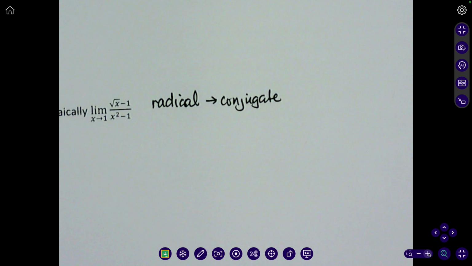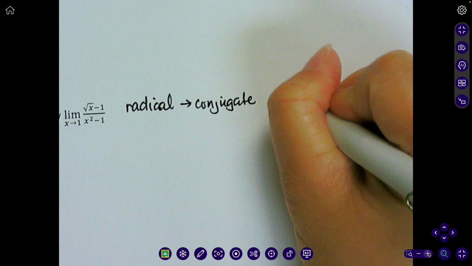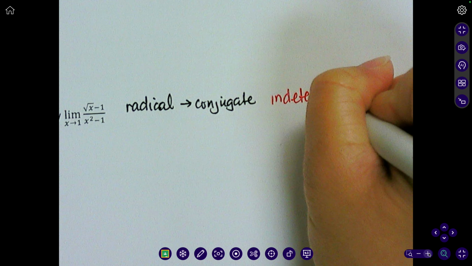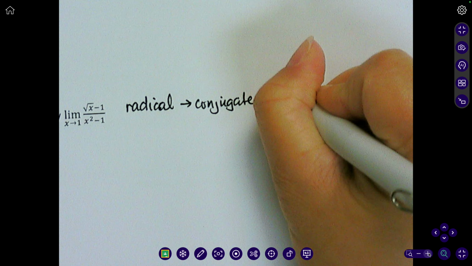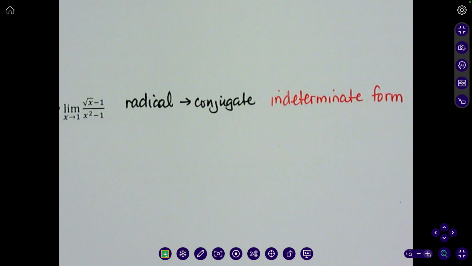So we're going to write that one more time. Indeterminate form. Because again, you get that 0 over 0. Now, later on, there's a shortcut to finding the limits, okay?